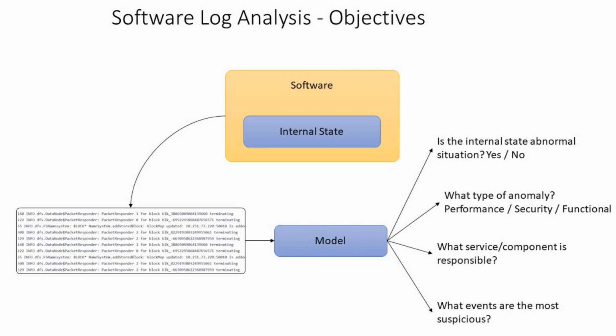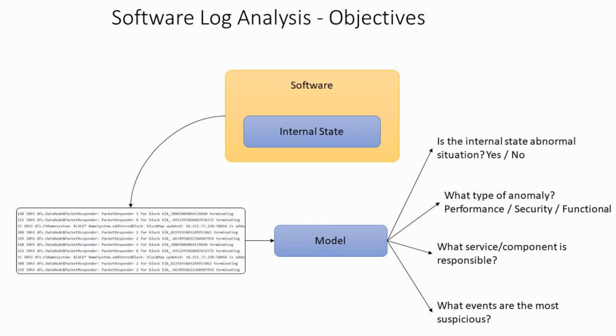Here we outline the primary objectives of software log analysis. One key goal is to determine with a straightforward yes/no answer whether the system's internal state indicates abnormal conditions. Another objective is to identify the nature of the anomaly, whether it is a performance issue, security breach, or functional failure.